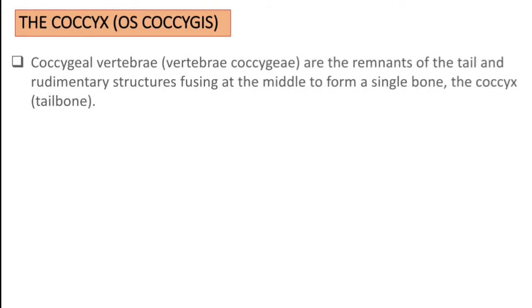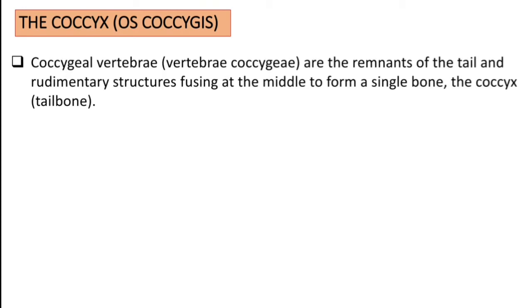So the next one, the last group of vertebrae, right? But it's now one bone, because there is fusion in most cases in adults, right? It's called the coccyx, os coccygis.